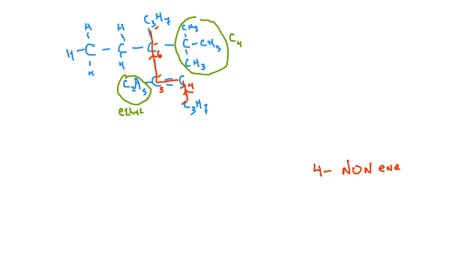It's odd, so this is butyl. And then this whole thing is not part of our chain. Well, that's C2H5, which is our ethyl.